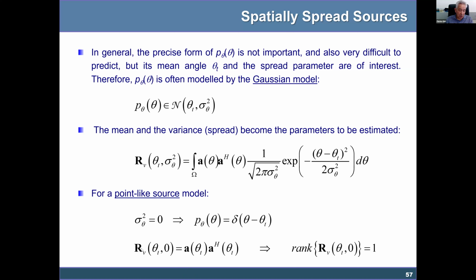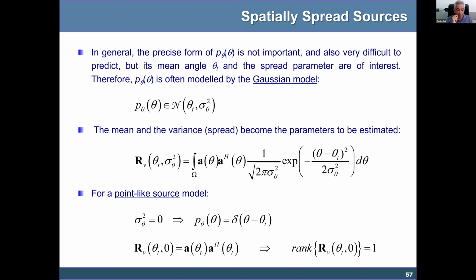And so in this case, the only parameter you want to estimate is theta t, and the rank of the matrix is equal to 1. So if you have one point-like source, the covariance matrix has rank 1.